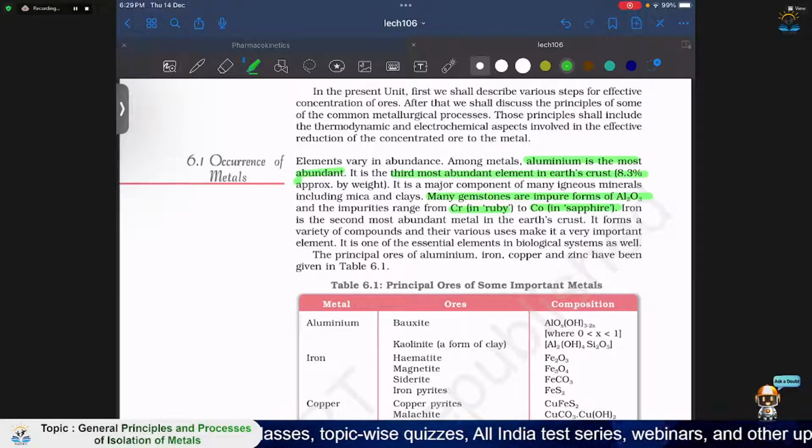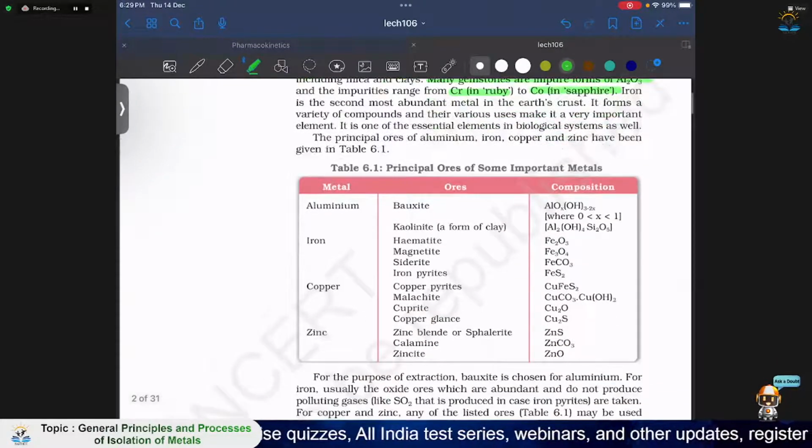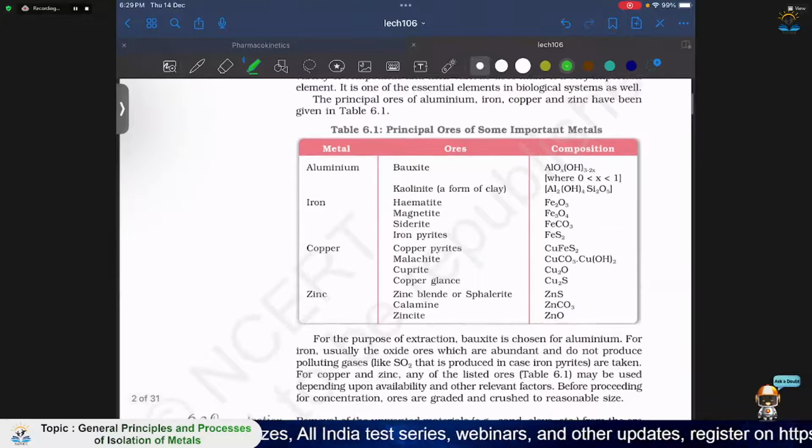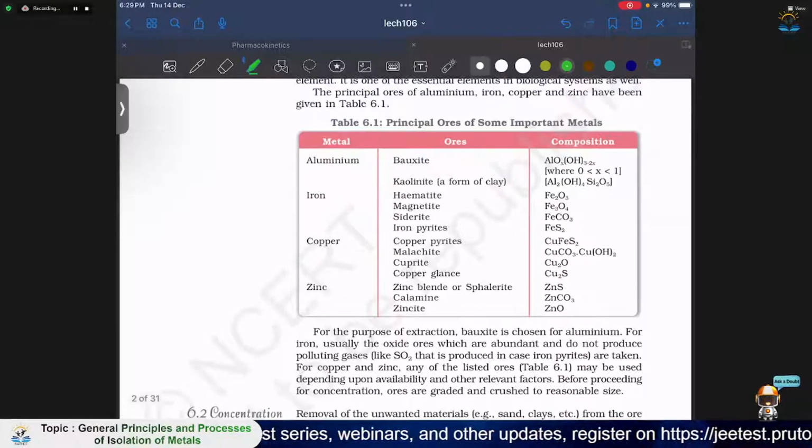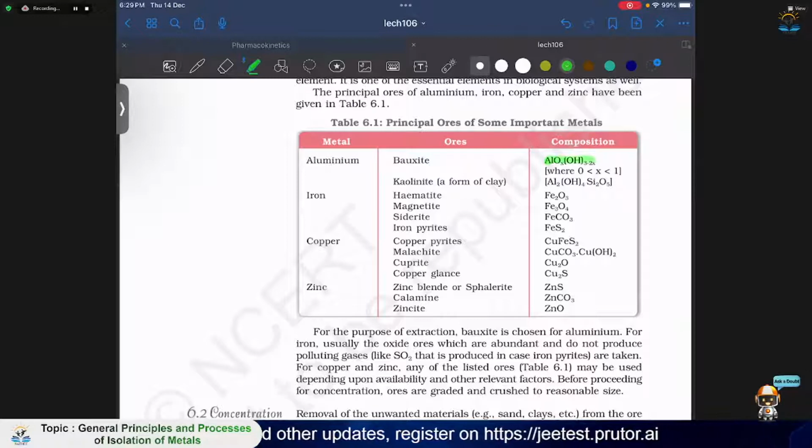Then we have some ores of some important metals. For example, the viable ore of aluminium is known as bauxite. The formula they have given is not exactly Al2O3, but it contains hydroxide also.